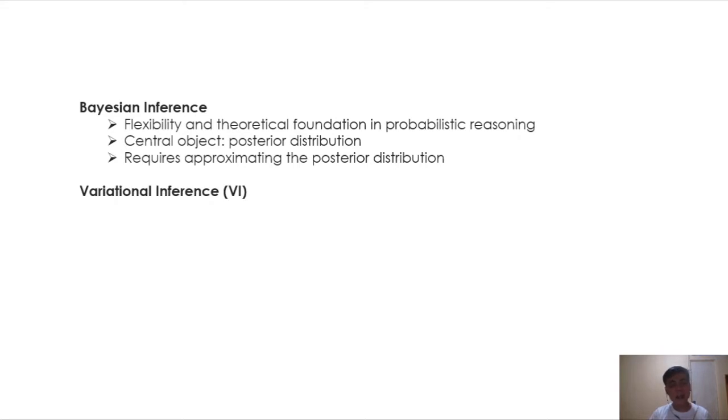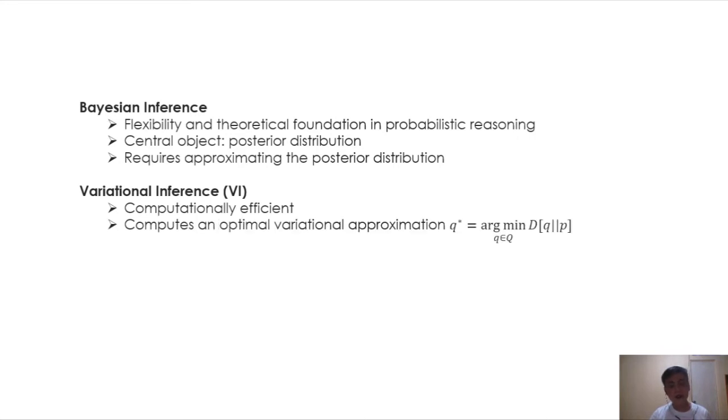Now, variational inference has also become a commonly used approach for large-scale approximate inference in machine learning due to its computational efficiency.